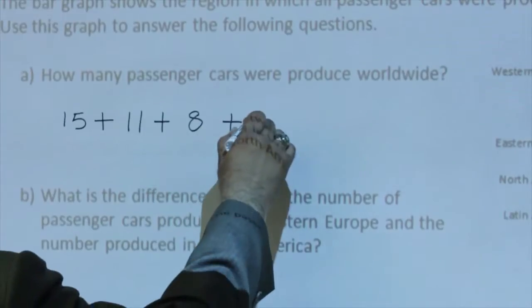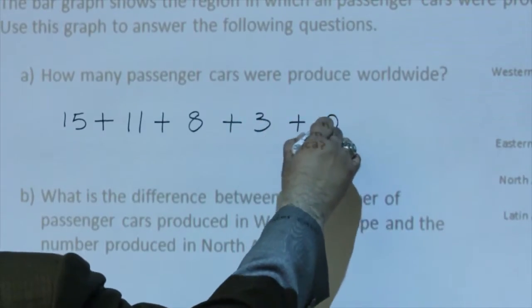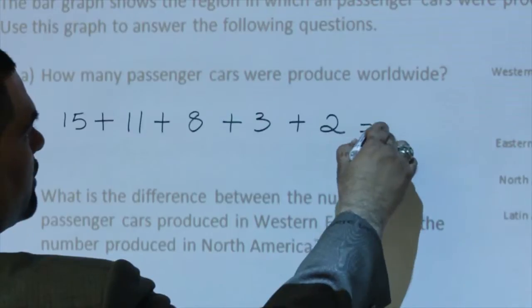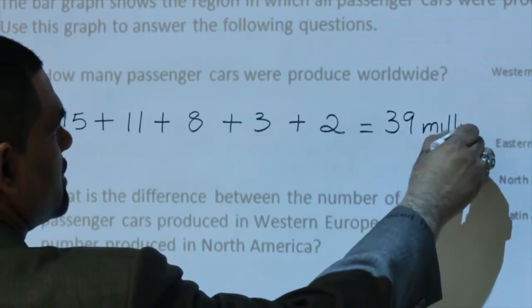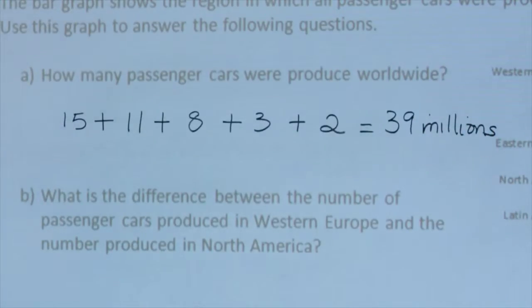In North America, 3 million. And in Latin America, 2 million. And if we add all these numbers up, the total will be 39 million cars produced in the last year.